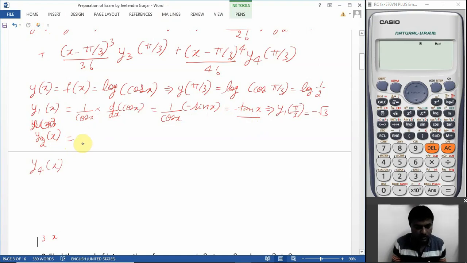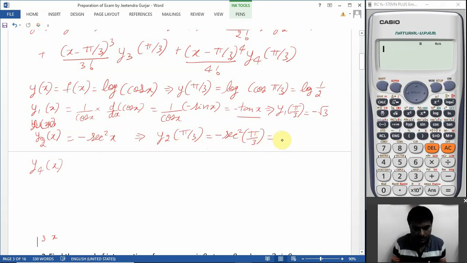Tan x differentiation is sec square x, so this is minus sec square x. Okay, so now again I want to calculate y2 of pi by 3. Is it clear? So okay, substitute now, minus sec square pi by 3.